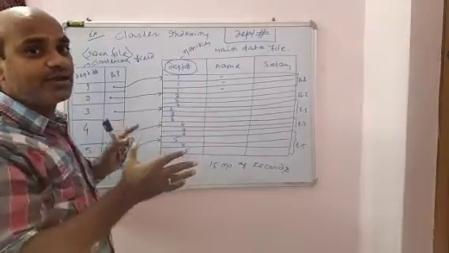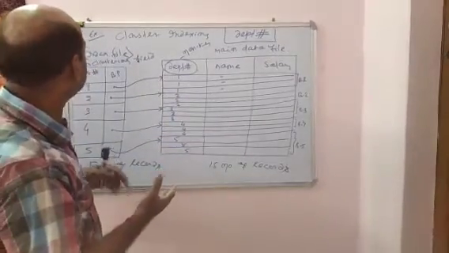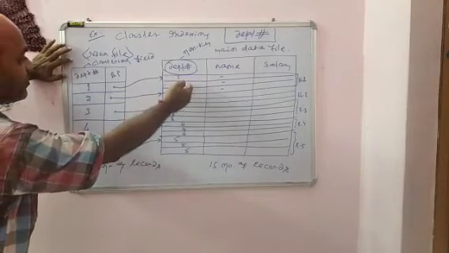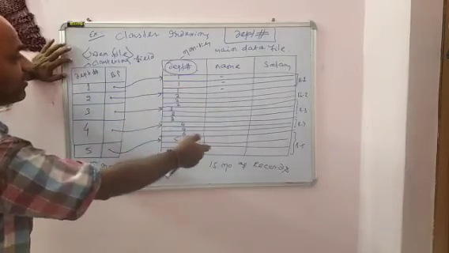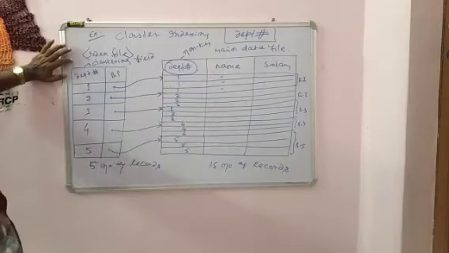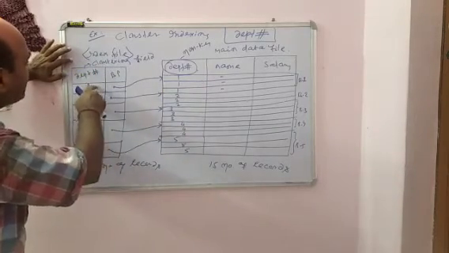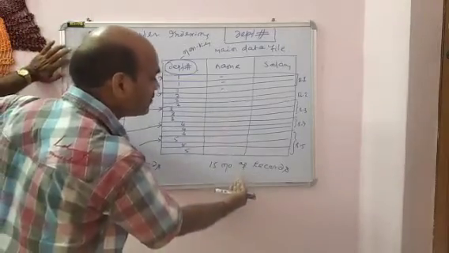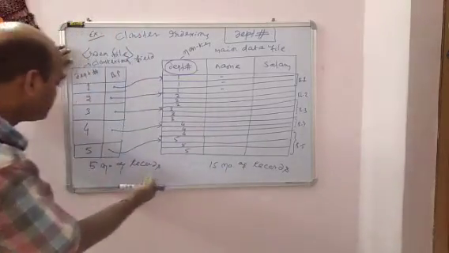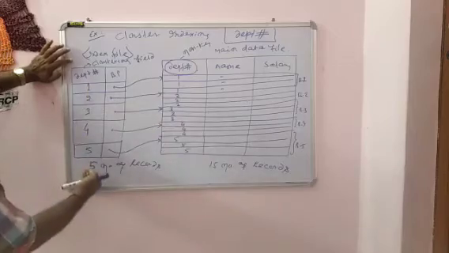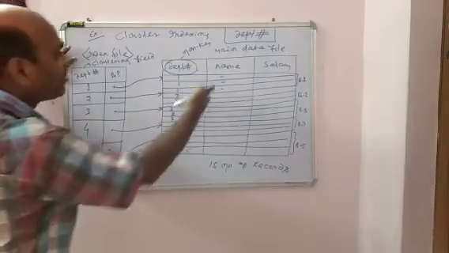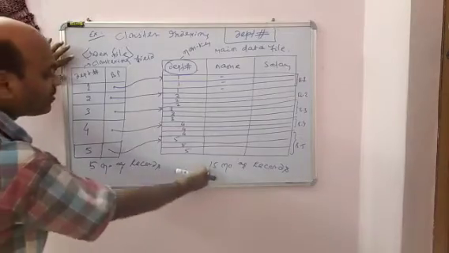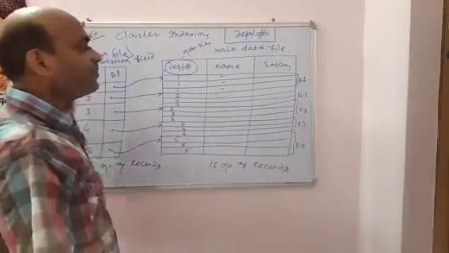This is the difference. In case of primary indexing, each record of the data file requires an index entry in the index file. That means the number of records in the data file is equal to the number of records in the index file. But here the number of records in the index file is less than the number of records in the main file.